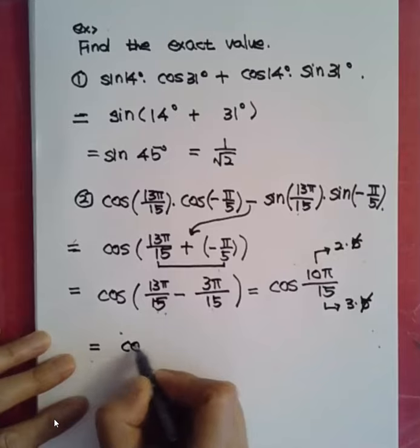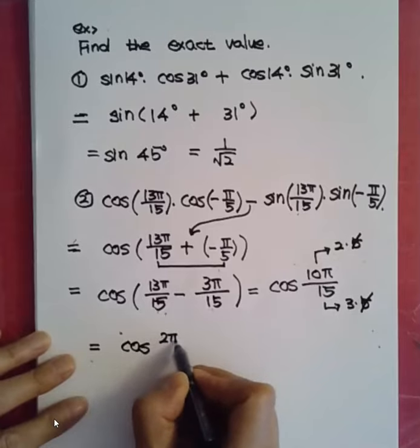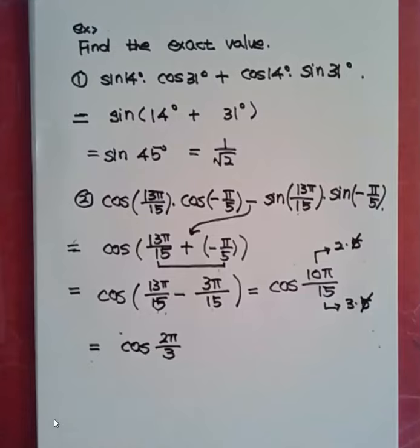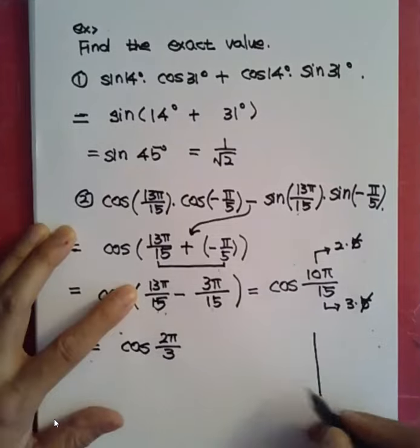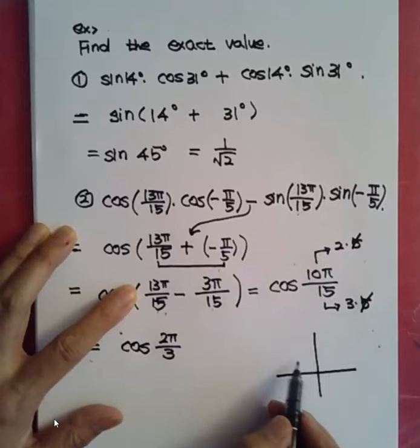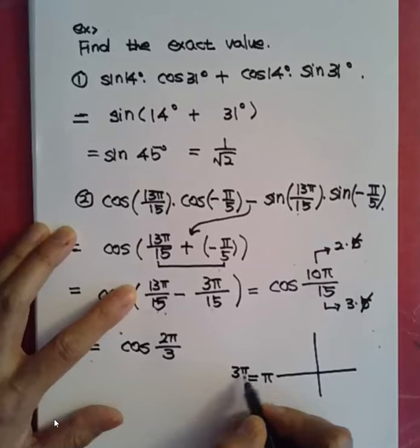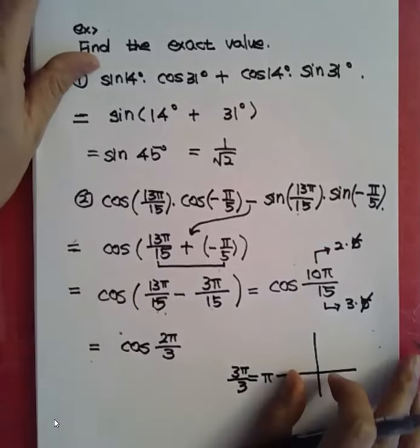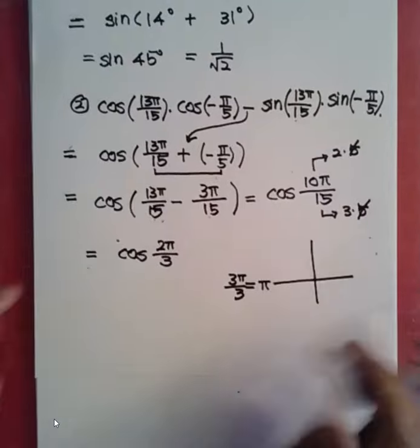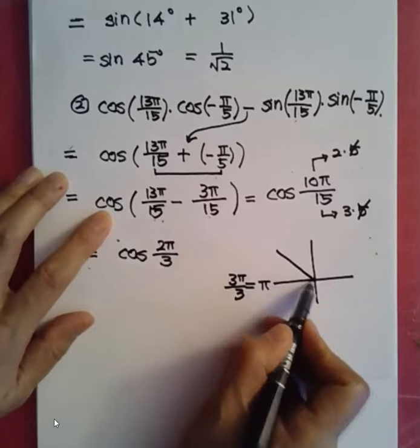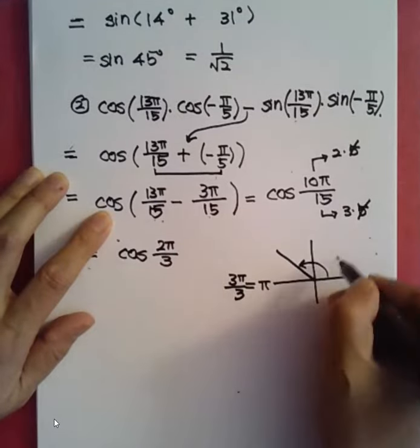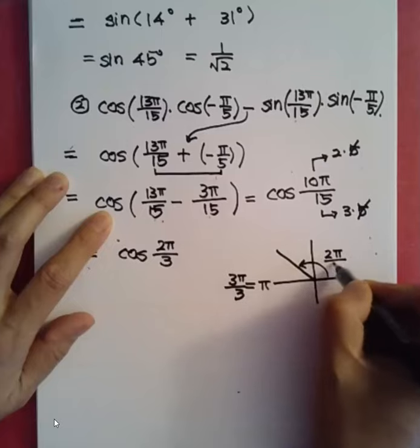So that will be cosine of 2 pi over 3. When we locate the angle on the quadrant, this is pi, which is 3 pi over 3. So 2 pi over 3 is in the second quadrant.